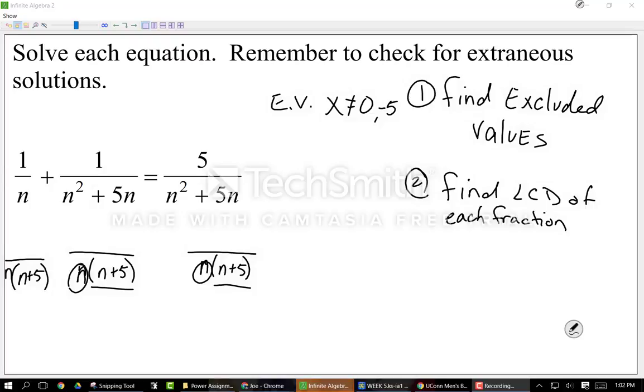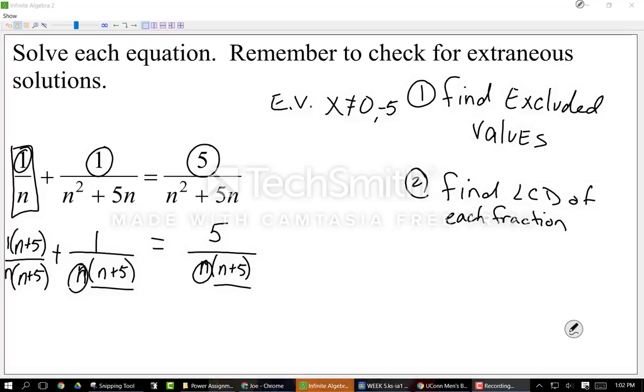The first fraction, this 1 over n, actually turns into 1, because of this 1 that was still there, times what's the difference? n plus 5. Plus 1, because this stays, equals 5, because that stays.